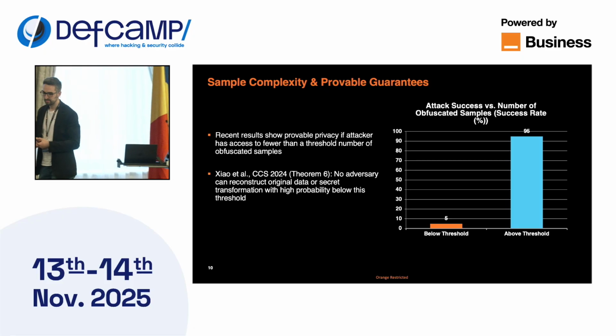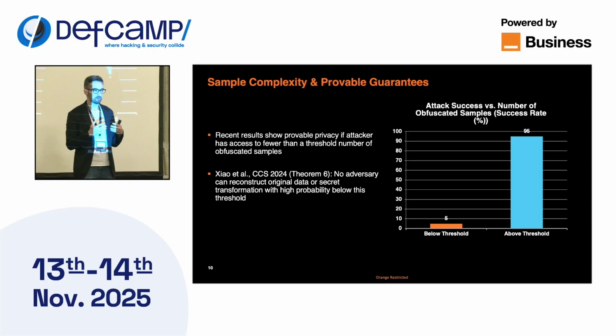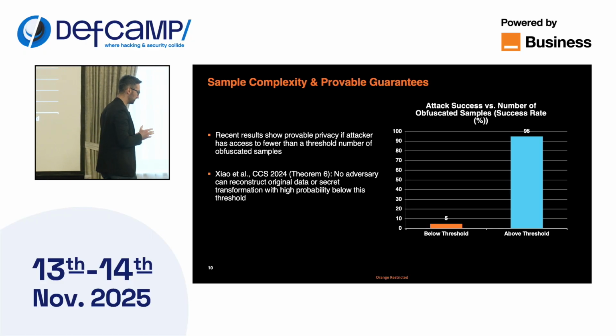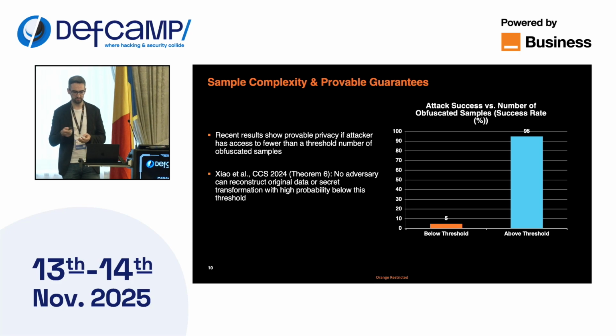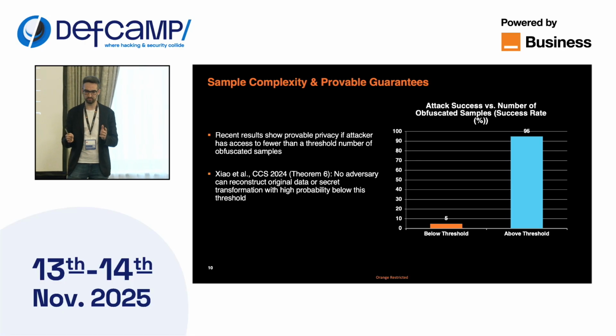So, like I said, this battle is not entirely lost, because we have a recent paper, from last year, that tries to formalize as much as it can this learnable obfuscation method.